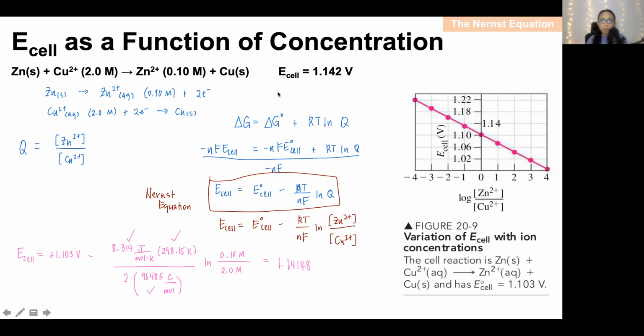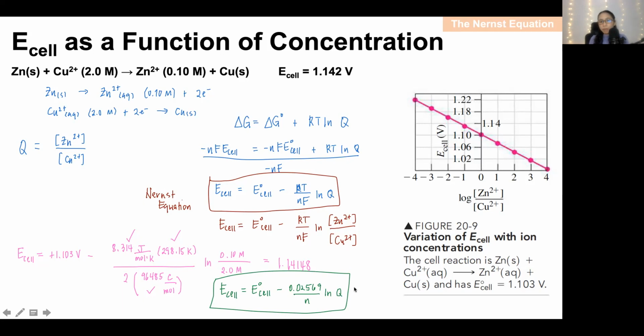So you can write another form of your Nernst equation, which is E cell equals E naught cell minus 0.02569 over n times ln Q. That's correct, right? 8.314 times 298.15 divided by 96,485 gives 0.02569. So you can also use this form of your Nernst equation. Okay, so it's Q class, not K.